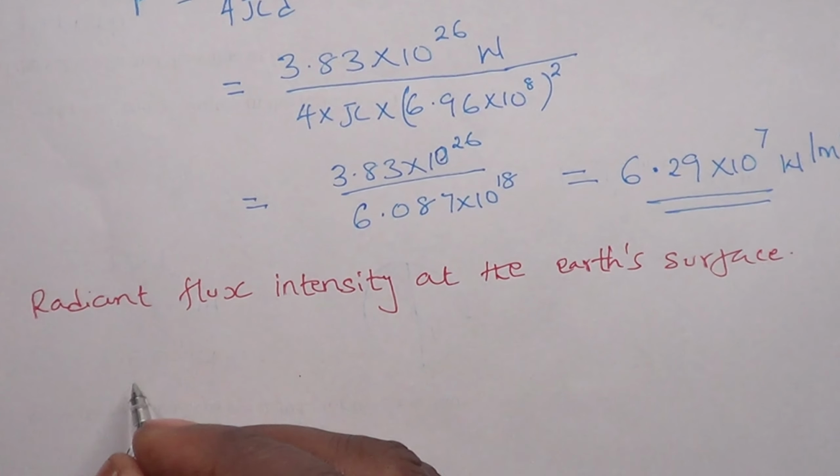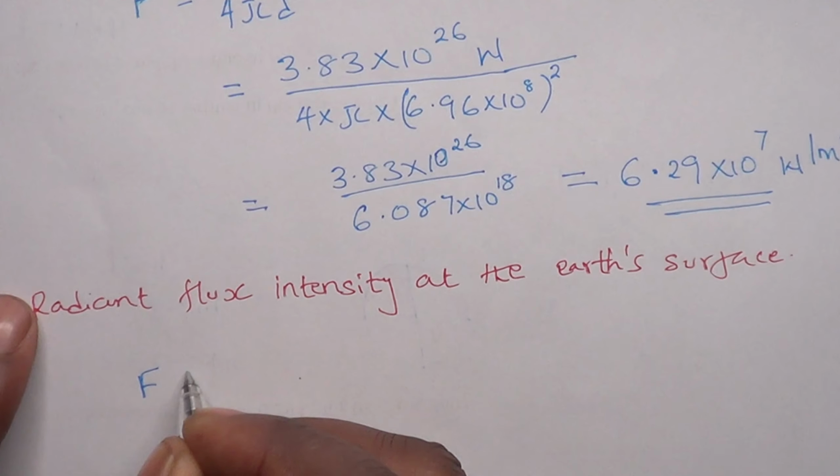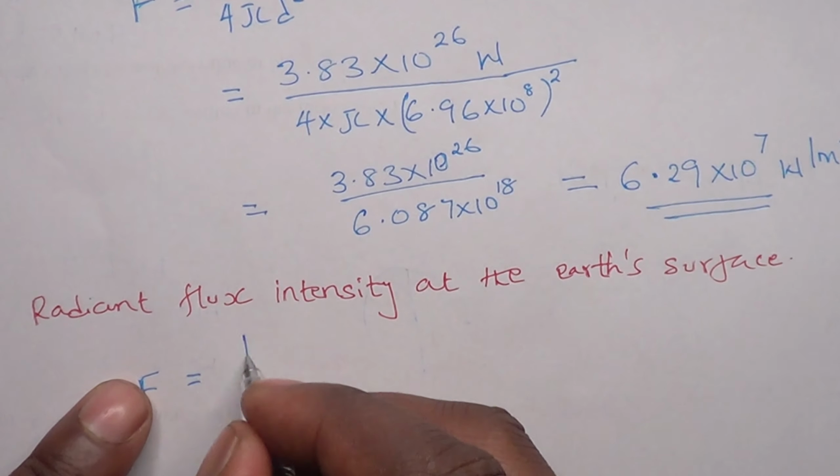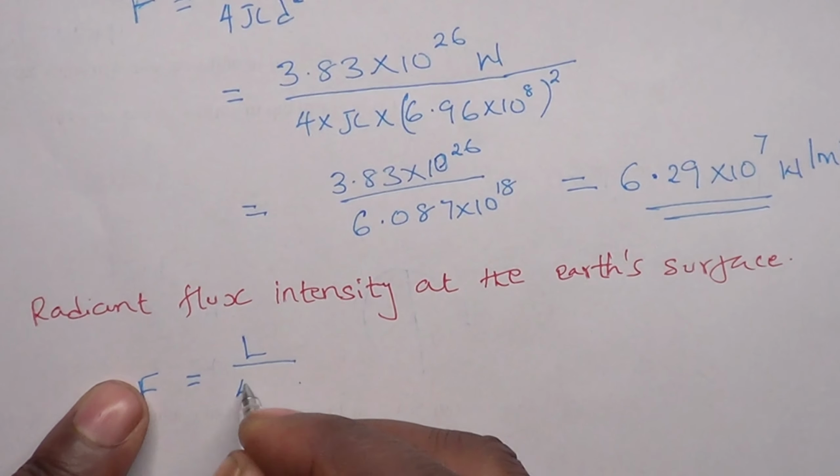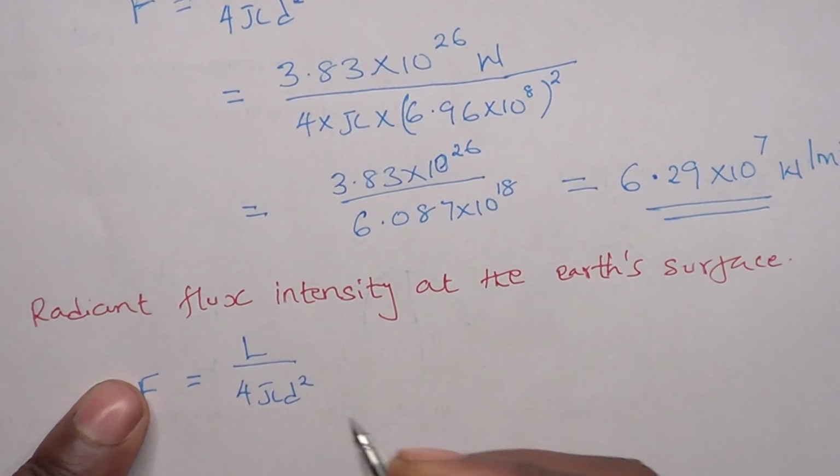So the radiant flux is equal to luminosity over 4 pi d squared.